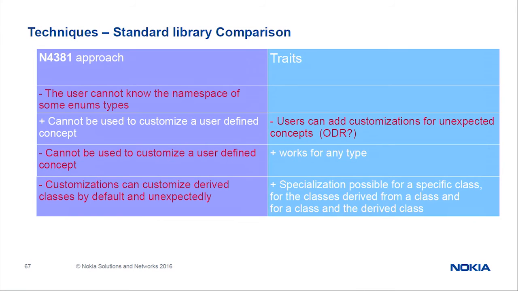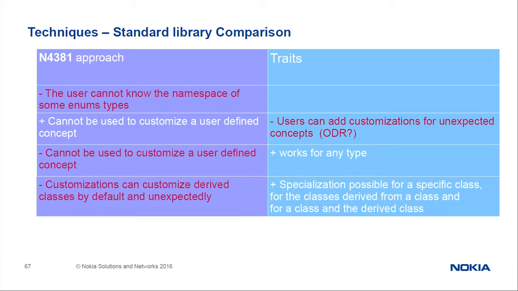What cannot be used for enums, as we have already seen? We can have some violation of the one definition rule with threads, if we have two specializations on two different files.